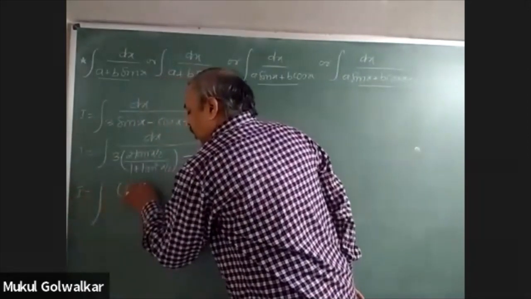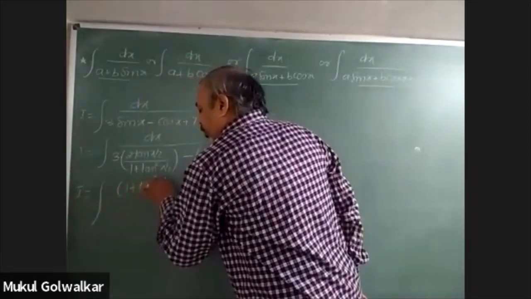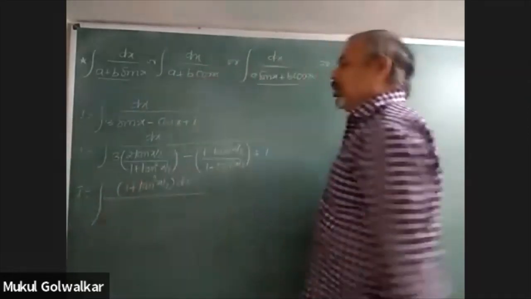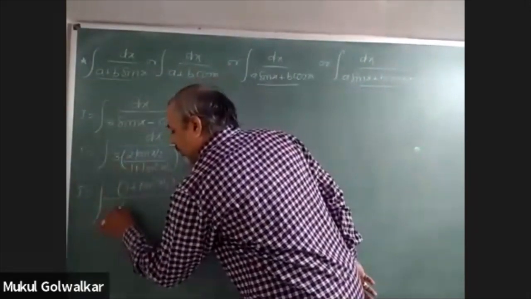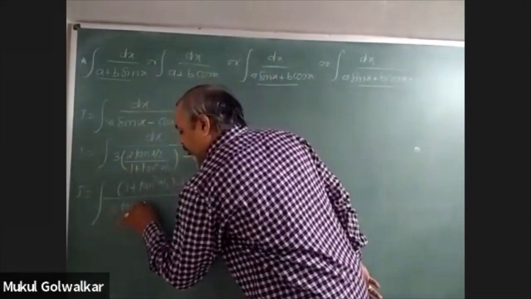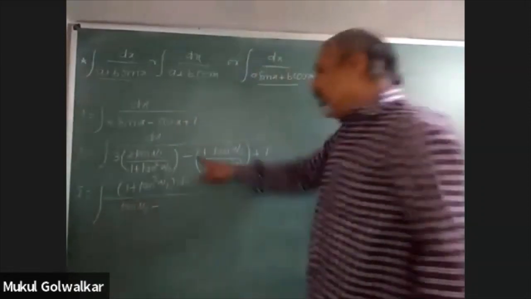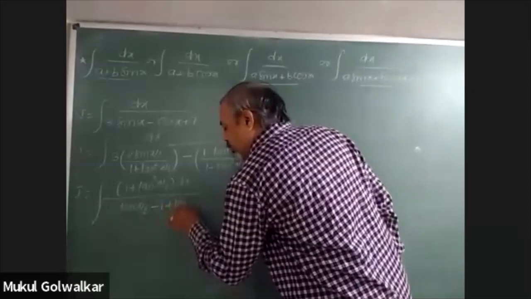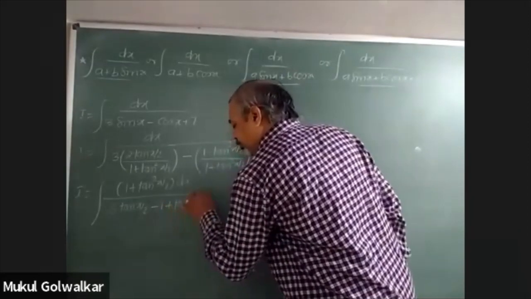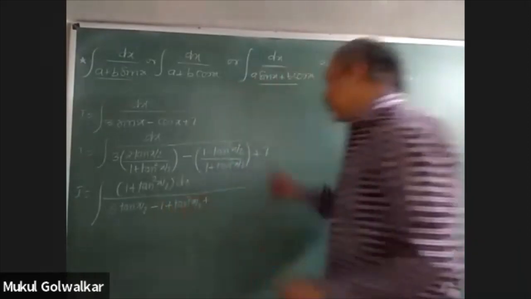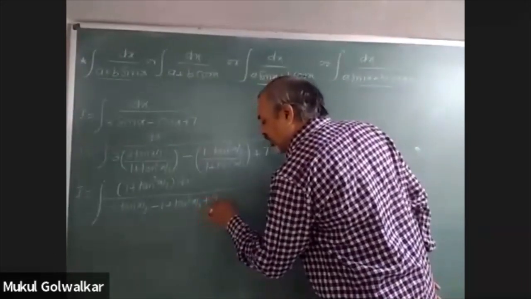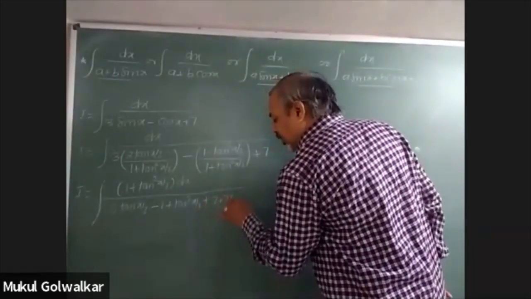I write 1 plus tan square x by 2 into dx divided by, if I multiply, that gives me 6 tan x by 2. Opening the bracket, this will become minus 1 plus tan square x by 2, plus this 7 when it is multiplied by 1 plus tan square x by 2, that gives you 7 plus 7 tan square x by 2.